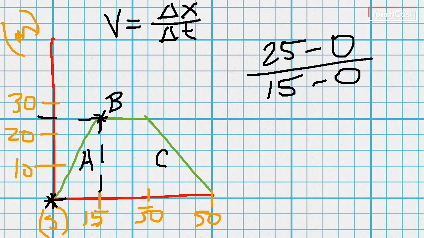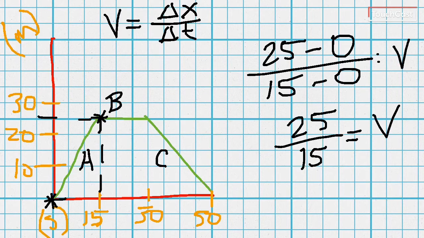So what you end up with is 25 over 15 equals velocity. Your average velocity is 1.67 meters per second.